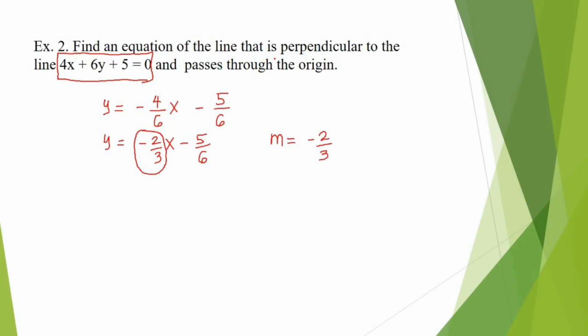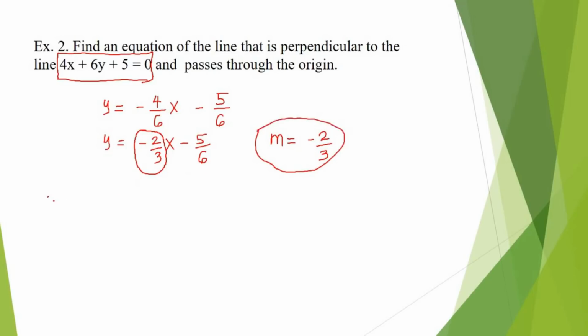Now, such that we have a perpendicular line, our needed slope should be the negative reciprocal of this slope.